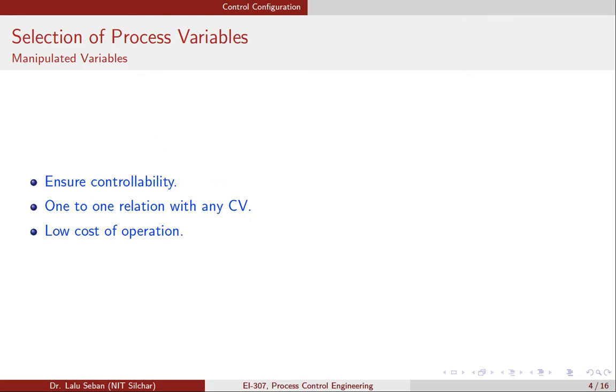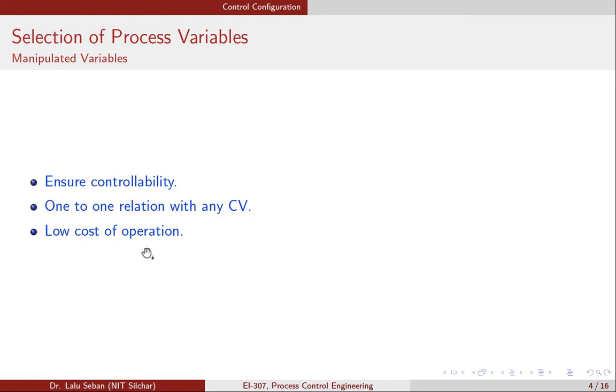The interaction of input 1 on any other output is 0, and it has a direct relation with output 2. So what is the advantage? Without focusing on any other output, we can change input 1 to take output 2 to the desired value. Okay, and it is very important that the cost of operation should be very minimal.